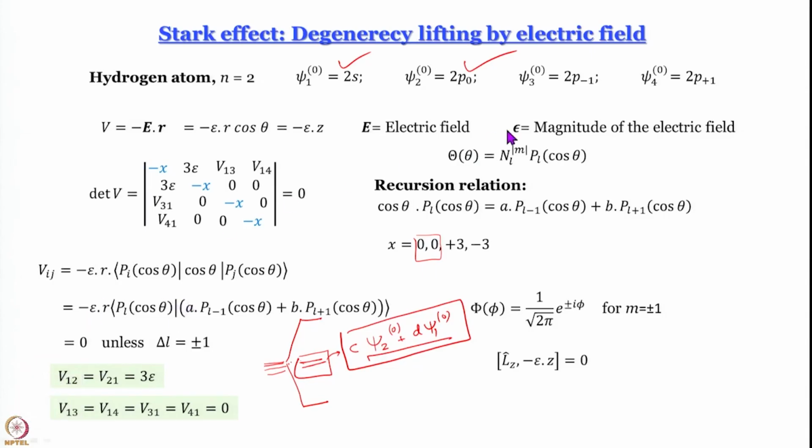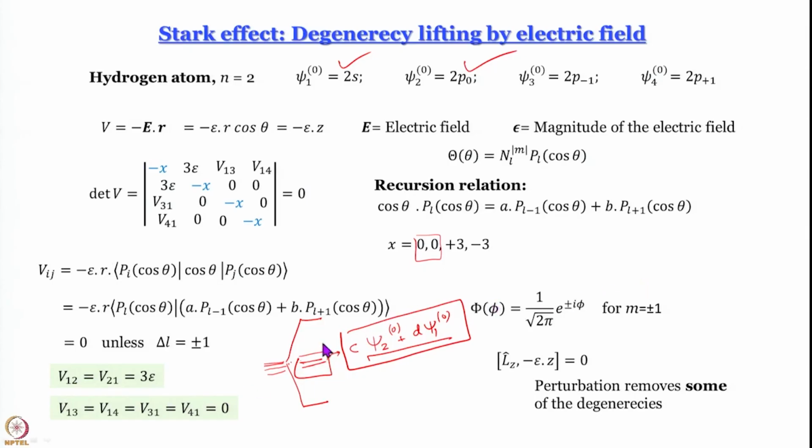You are familiar with hybrid orbitals? We have learned earlier about hybrid orbitals in valence bond theory. So, here what are we doing? We are mixing 2s and 2p0, we are getting hybrid orbitals, okay. And in this case the two hybrid orbitals have the same energy, right. And we have discussed a situation in which perturbation removes some of the degeneracies, not all, not none, some.